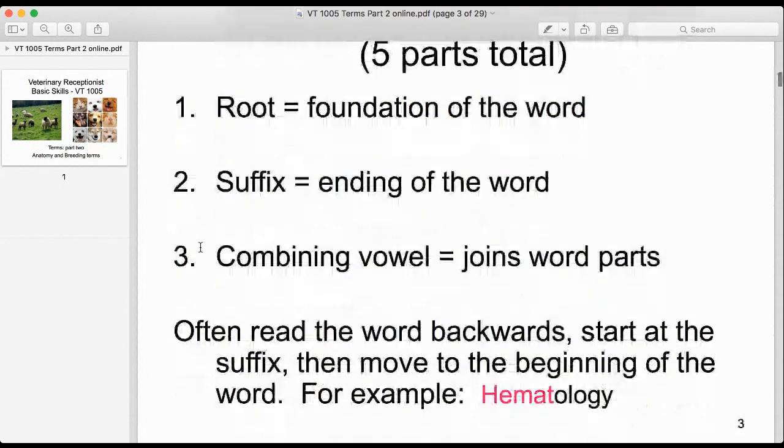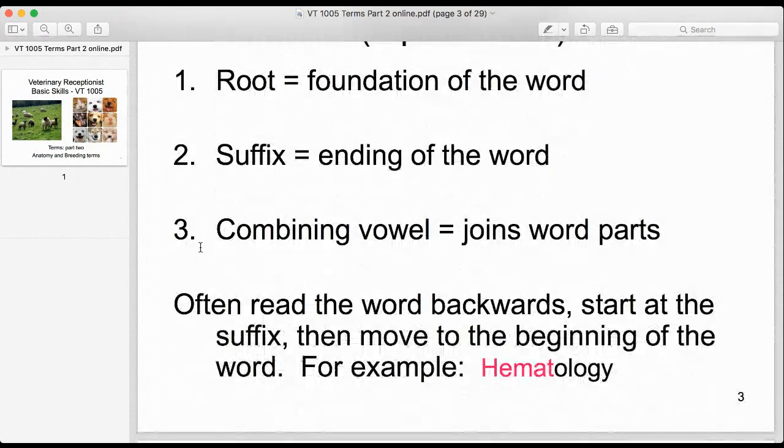And as I say in this rule, you want to read the word backwards. You start at the suffix, and that forms the beginning of the definition. So again, in hematology, you go to the end, the logy is study of, and then you come to the root, hemat, blood, study of blood.